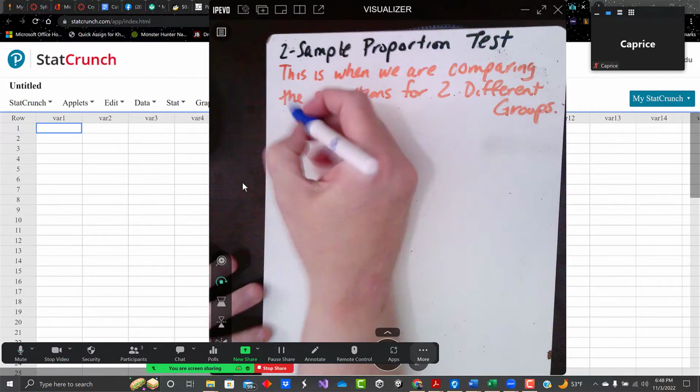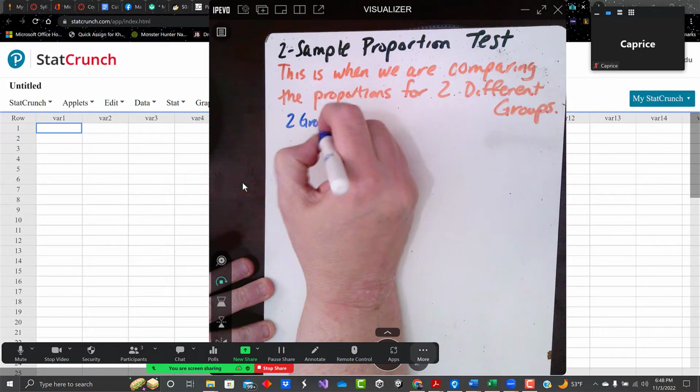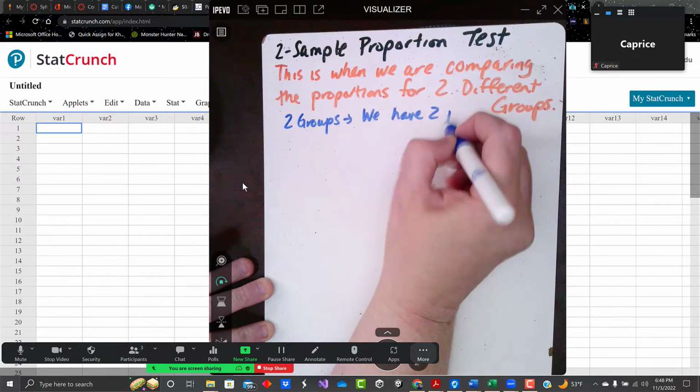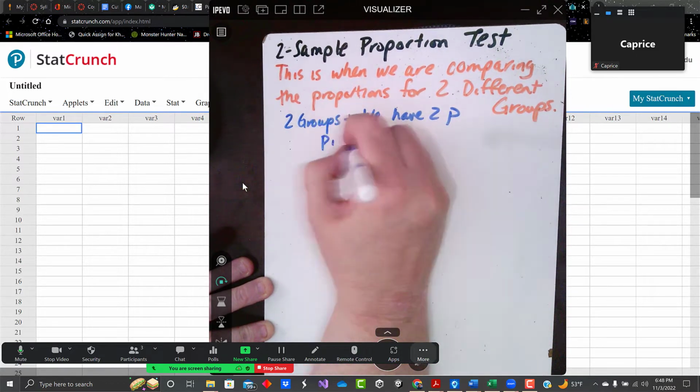And since we have two groups, we have two proportions. We'll call them P1 and P2.